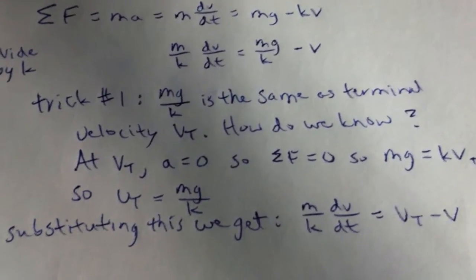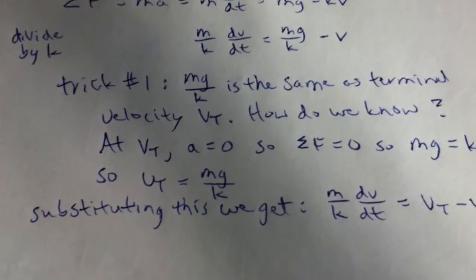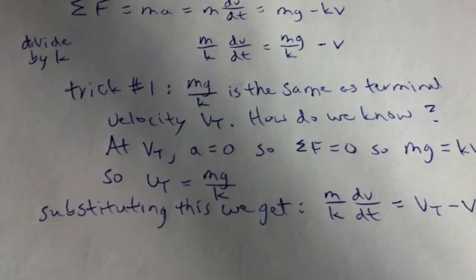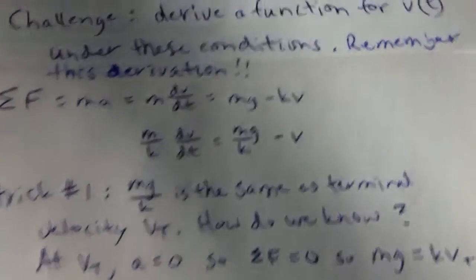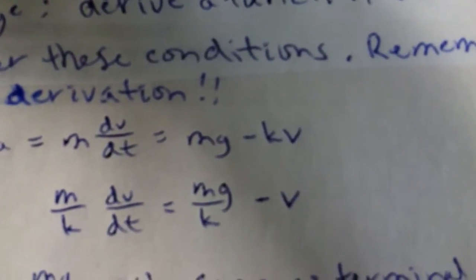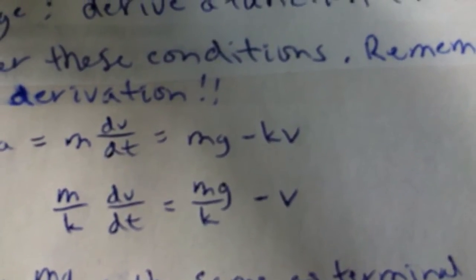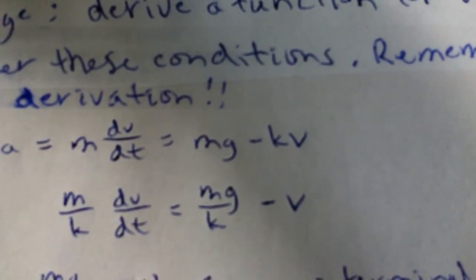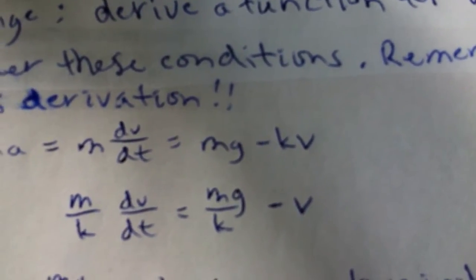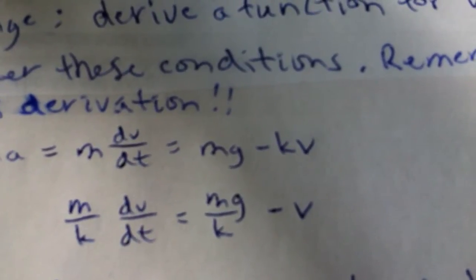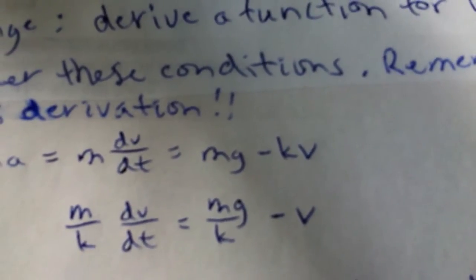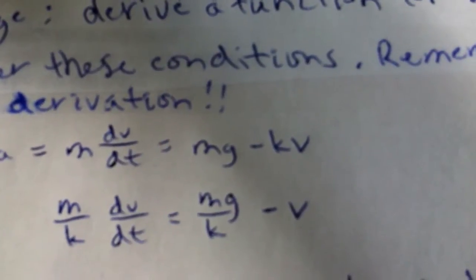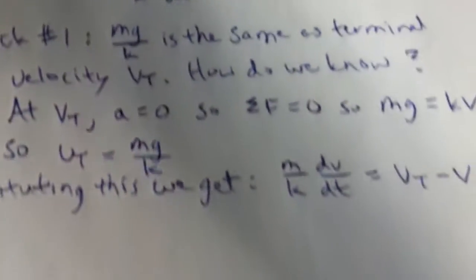How do we know that? Well, take the equation that we had for the net forces, mg minus kv. At terminal velocity, the resistive force is going to be exactly balanced with the force of gravity. They're going to be the same as each other, so mg minus kv is going to be equal to 0.